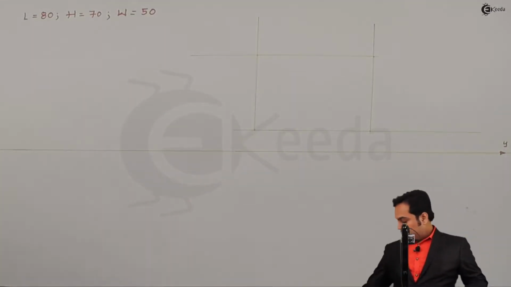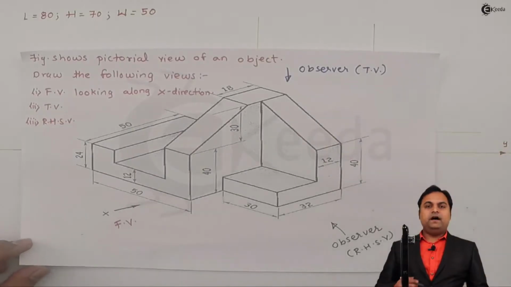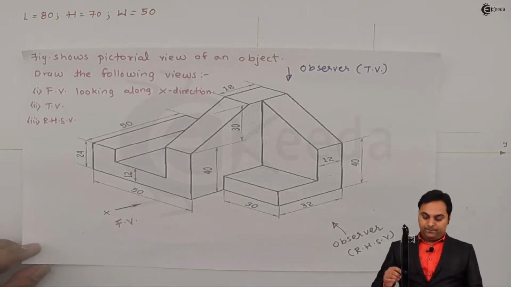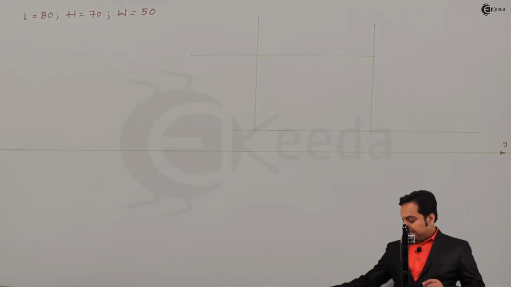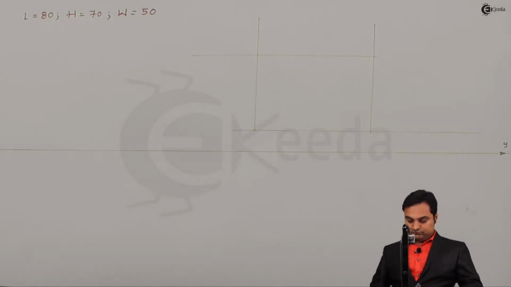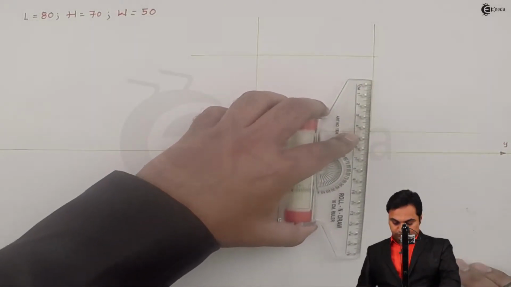Next, for top view. Now for the top view, the height won't be visible, but only length and width will be visible. So here length I can get directly from the front view.